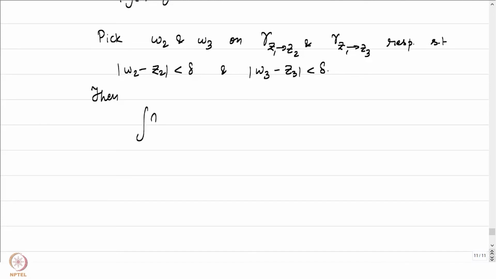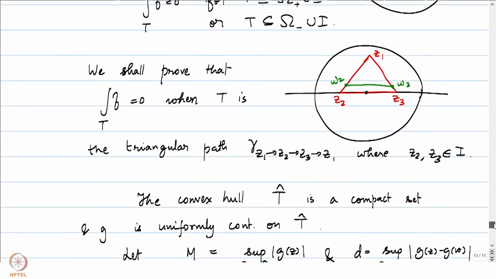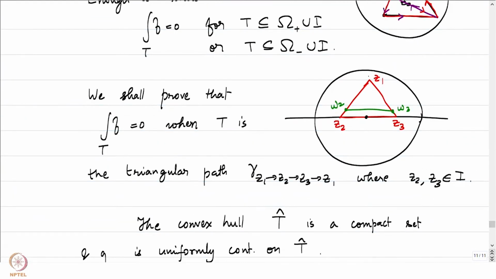And then the integral of f over T is going to be equal to the integral of, where is the picture? The picture is this. This is the triangle Z1, Z2, Z3. By breaking it up, we can go along this triangle and then along this particular quadrilateral. The integrals along the green line cancel off, and we will be able to get back the integral over the triangle itself.